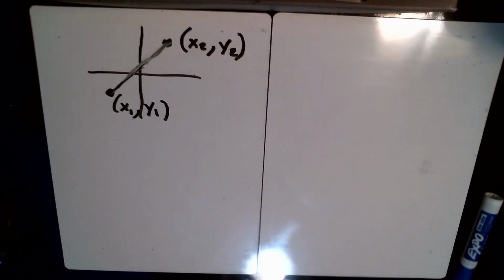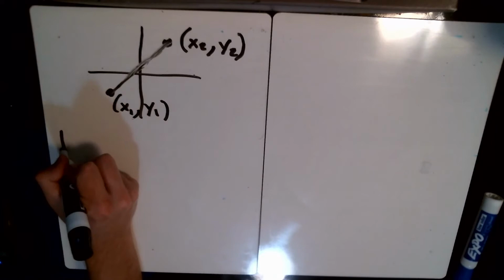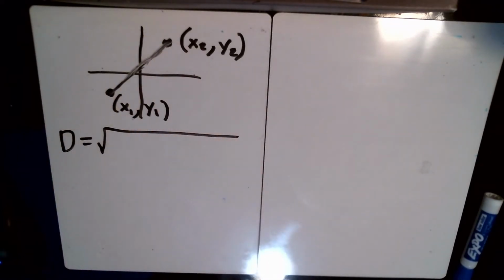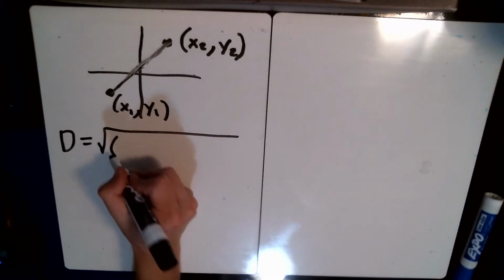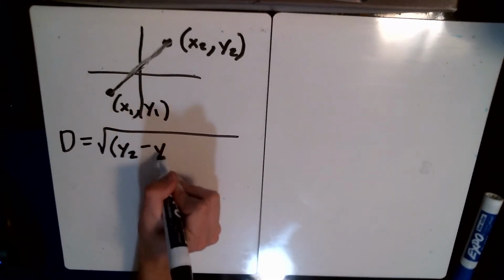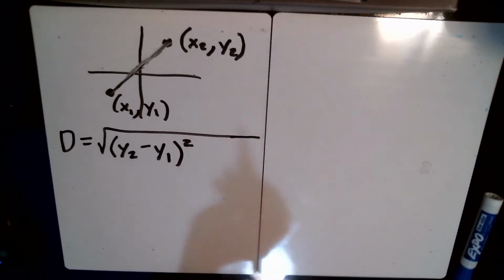And so what the distance formula is, is as follows. It says to find the distance, you take your 2 points, you subtract the y values from each other. Normally they do y2 first, but it doesn't really matter what order as long as you're consistent.